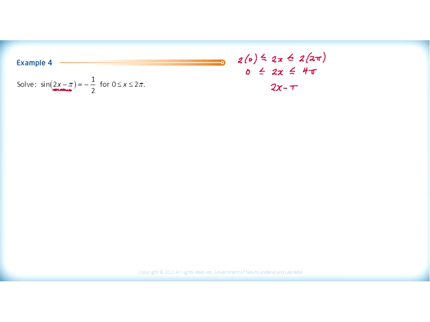So we get 2x minus pi, and 0 minus pi, and 4 pi minus pi. So the restriction then will be a negative pi, so that's half of a revolution in a negative direction, is less than or equal to, and we will replace 2x minus pi with theta, less than or equal to 3 pi.